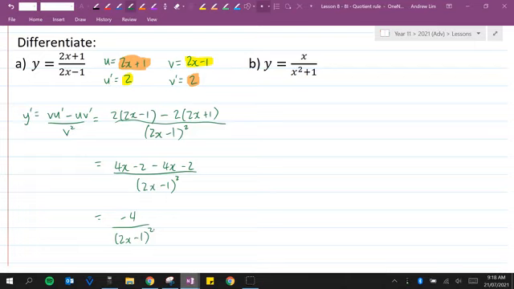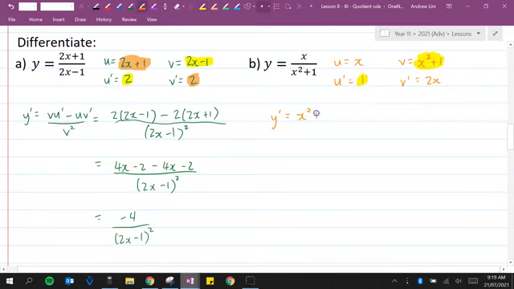Why don't you pause the video, have a go at question B by yourselves. Okay, question B, u is equal to x and v is equal to x squared plus 1. So u' is equal to 1, v' is equal to 2x. So y' is equal to vu'. I'm going to times these two together, which is just x squared plus 1.